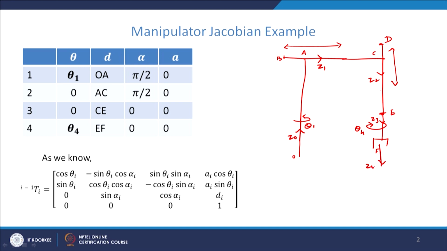Z4 is the approach direction at the end effector. Then we can fix the X.